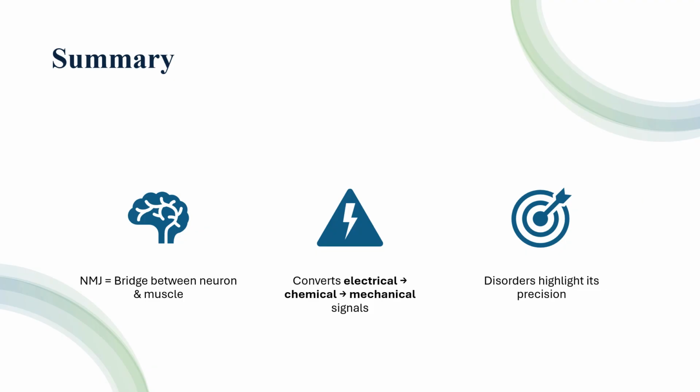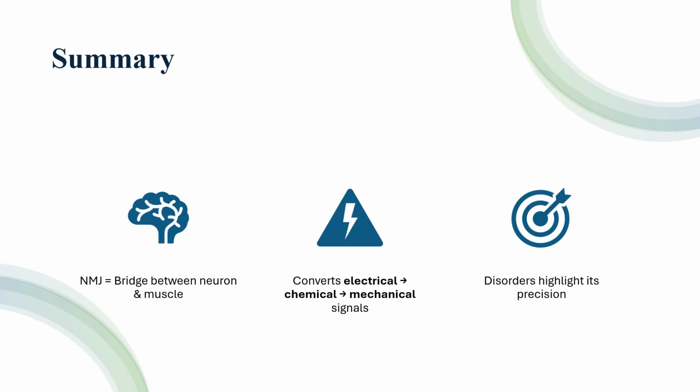As we reach the end of this session, let's take a deep breath and trace the entire journey from thought to movement once again. Every voluntary movement begins with an electrical impulse in the motor cortex. That signal travels down the spinal cord, along the motor neuron, and reaches the axon terminal at the neuromuscular junction.